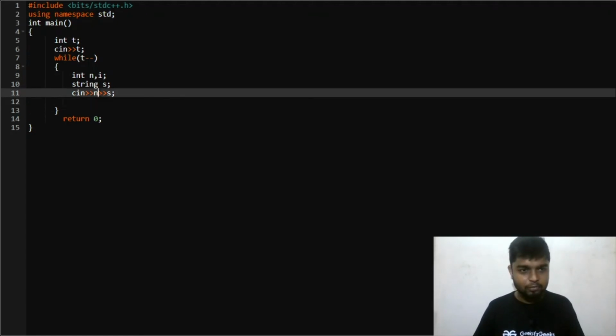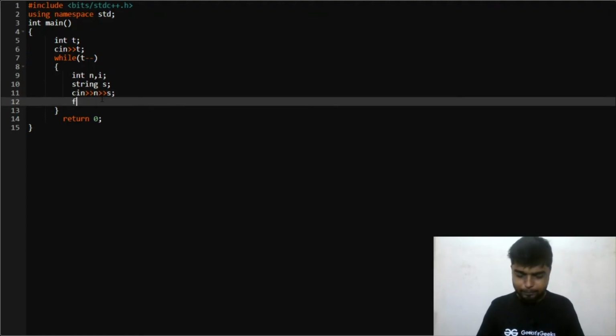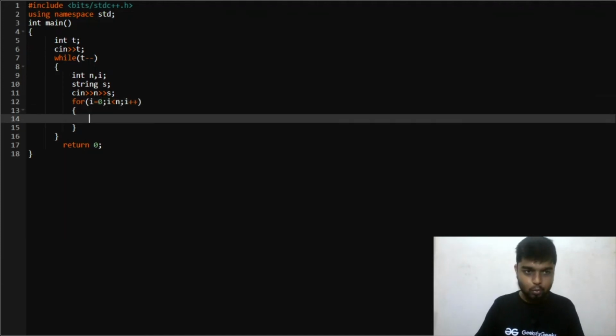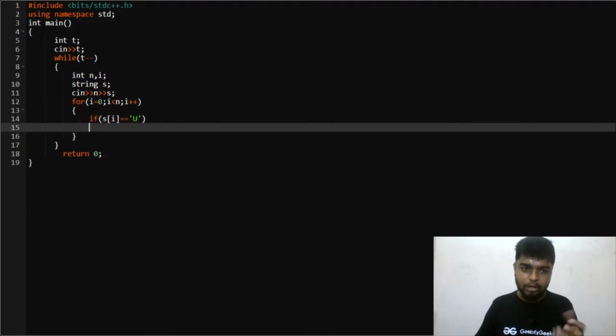After that, you start iterating the string up till i less than n, the length of the row that is given to you. If s of i is equal to capital U, then you will make the second row below it D, right?